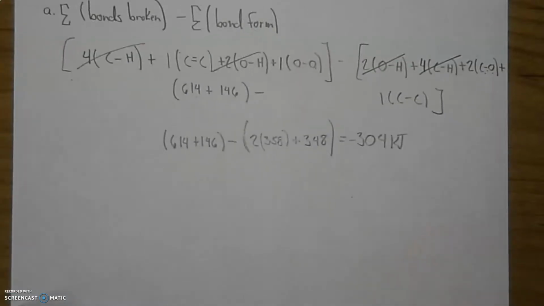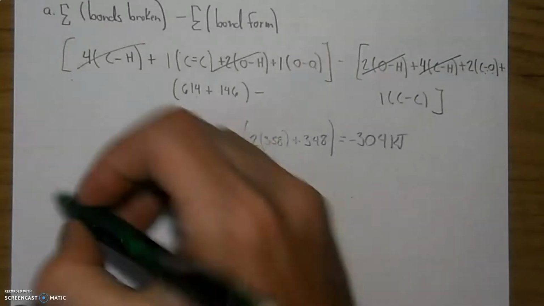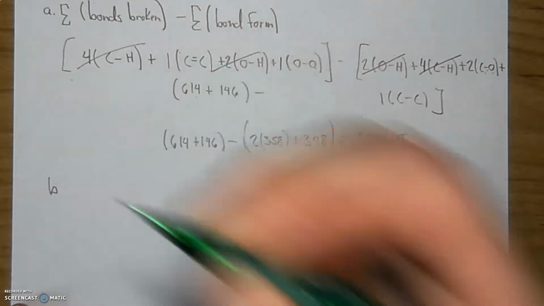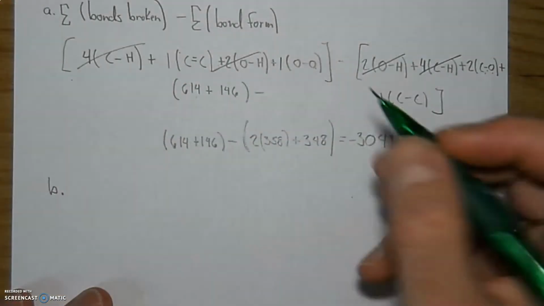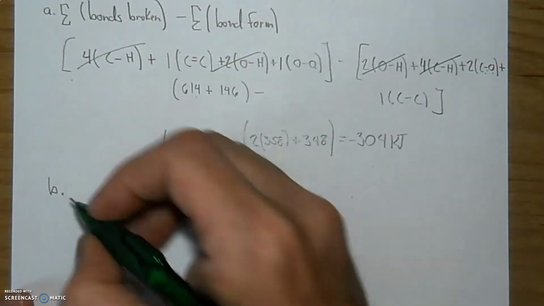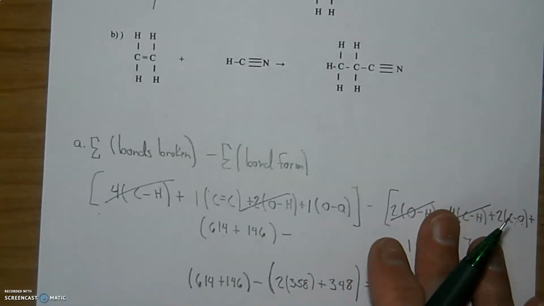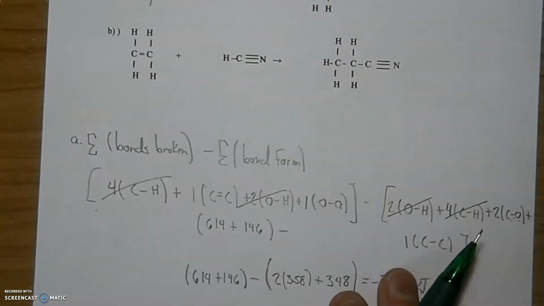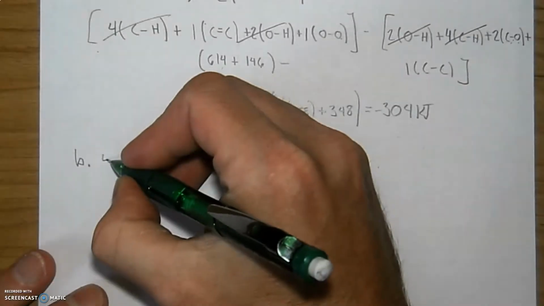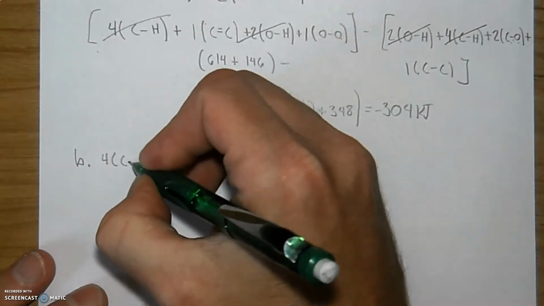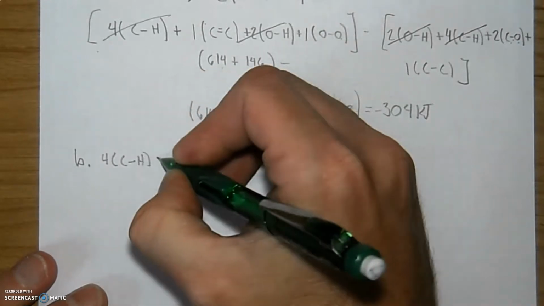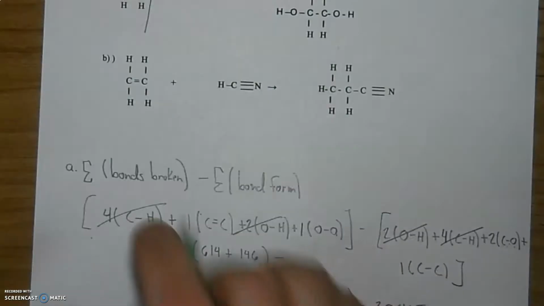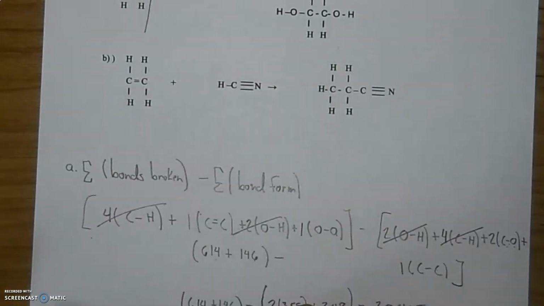For part B, let's take a look. For B, going through and cataloging these, I'll try to put it where you can see. This will be tricky. 4 carbon hydrogens, plus 1 carbon-carbon double bond.